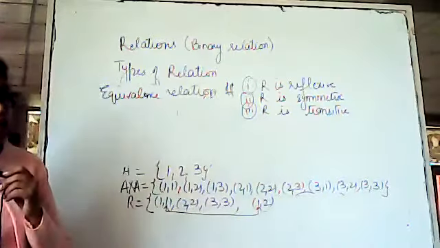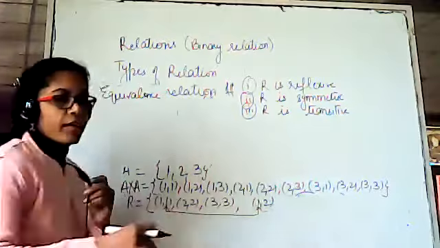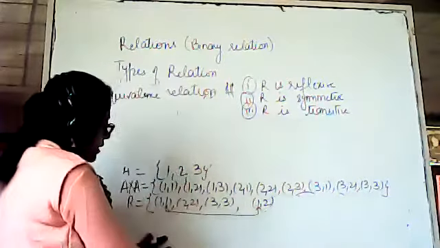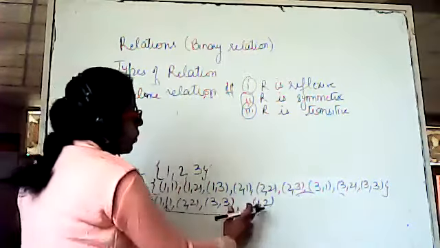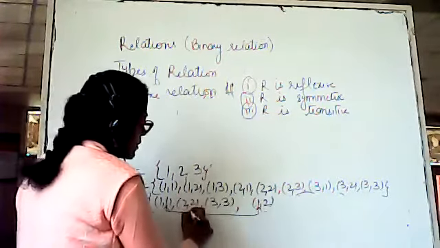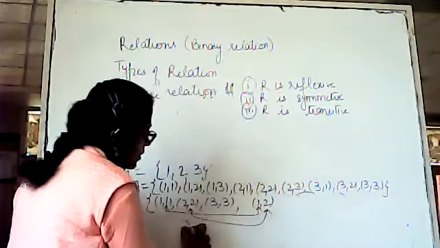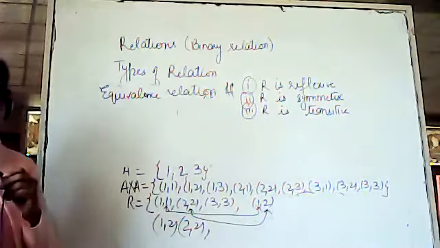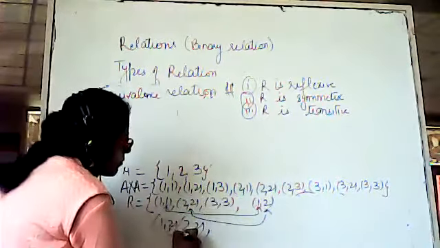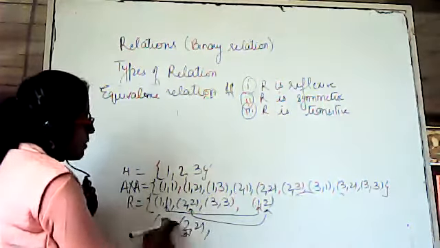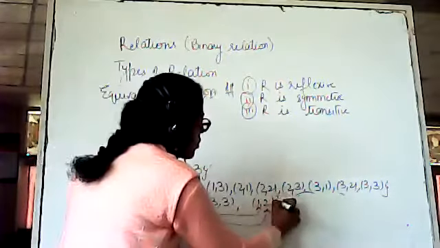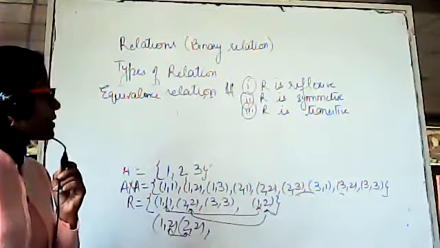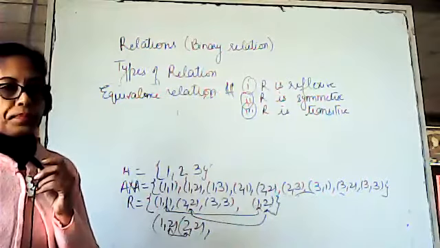We have already written it, we will not write it again because it is enclosed in brackets. This is again a set, so repetition is not allowed. So 1, 2 is there. After that, can there be any other combination? 1, 2 can be combined with 2, 2. Its second position and its first position is same. The element will be 1, 2 again. So 1, 2 is there. No other condition can be formed here. So these elements form transitive relation. So this is the example of equivalence relation.